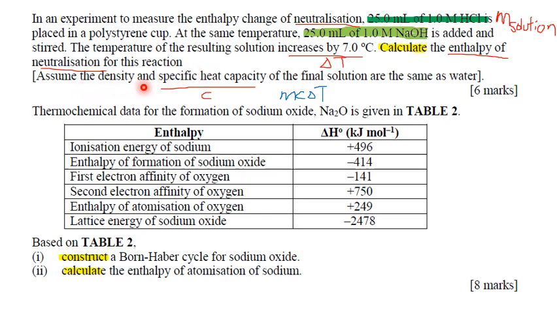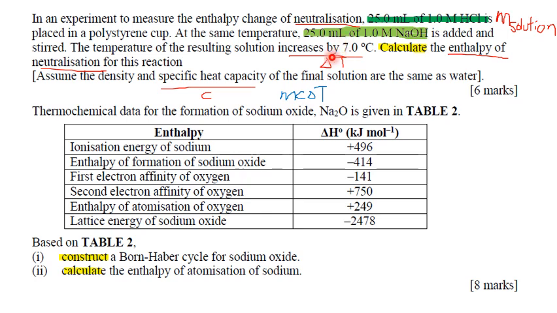Continue. Assume the density and specific heat capacity, small c, of the final solution are the same as water. Based on the information given, we need to use the formula mcΔT. M is referred to here, c we can get from the question paper, and ΔT is referred to here.